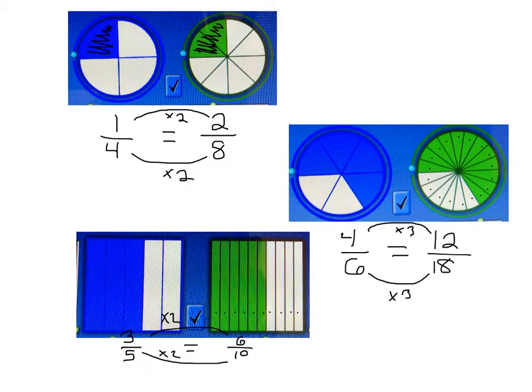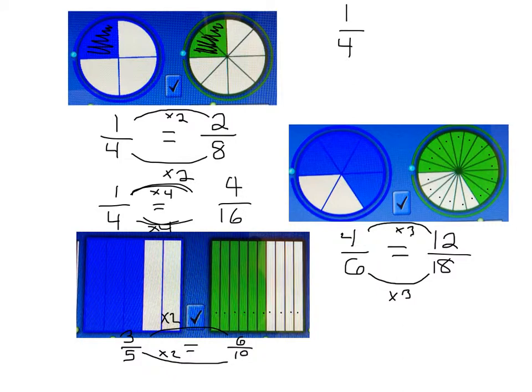So 1/4 is equivalent to 2/8, but 1/4 could also be equal to 4/16, because I multiplied the numerator and denominator times the same number. 1 times 4 is 4, and 4 times 4 is 16. I could do another one that's equal or equivalent to 1/4.